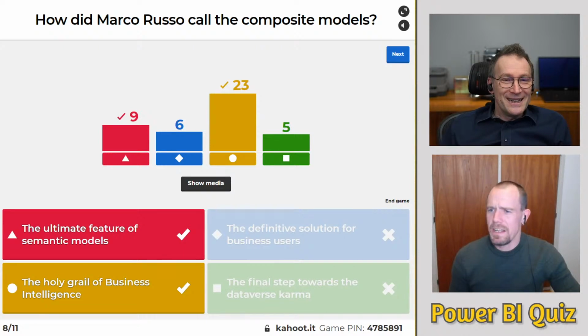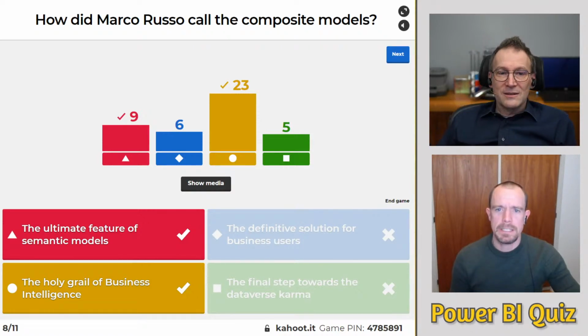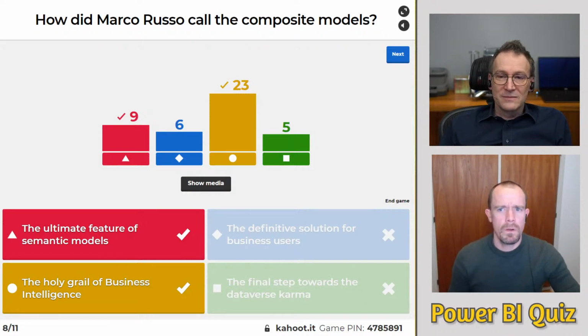So yeah, a couple of people are writing. It was both in a tweet and also in a video that Marco said these things. So the ultimate feature of semantic model and the holy grail of business intelligence. Yeah, and I believe you were also quoted in the official blog post when they released it.